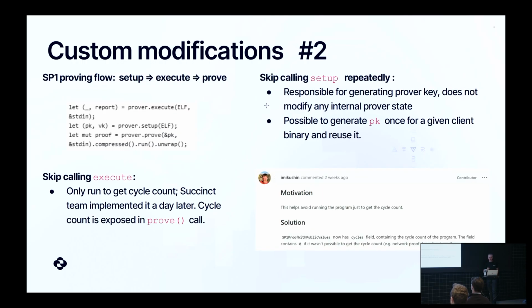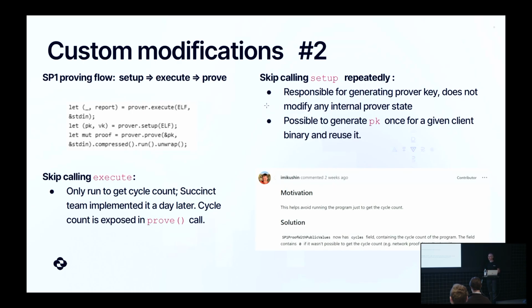And also, the proving flow in SP1 consists of these commands: setup, execute, and prove. Setup is responsible only for generating the prover key. It doesn't modify any internal prover state. We found it's possible to generate the prover key once for a given client binary and then just reuse it.